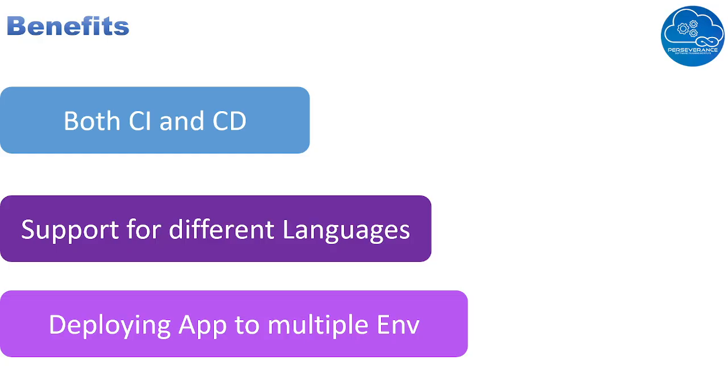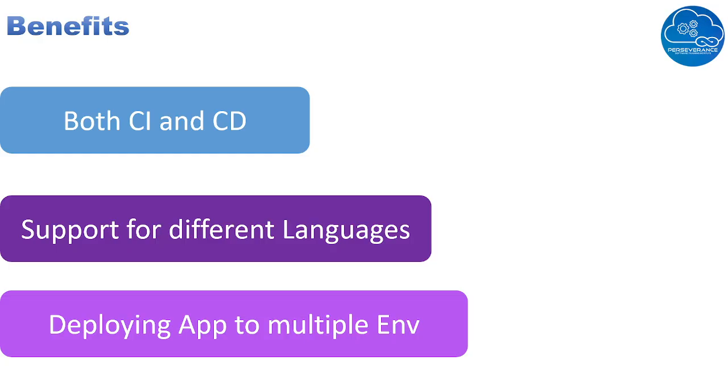It supports different languages, so different projects can be enabled with CI/CD automation. It has a wide range of support for that, and we can deploy applications to multiple environments.